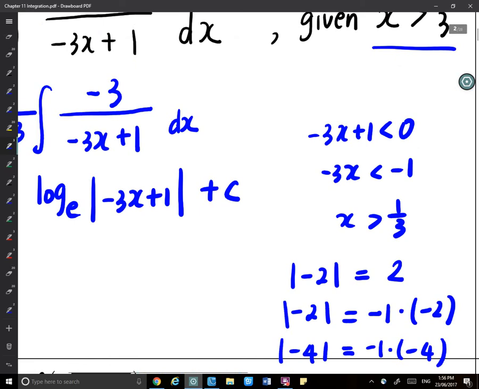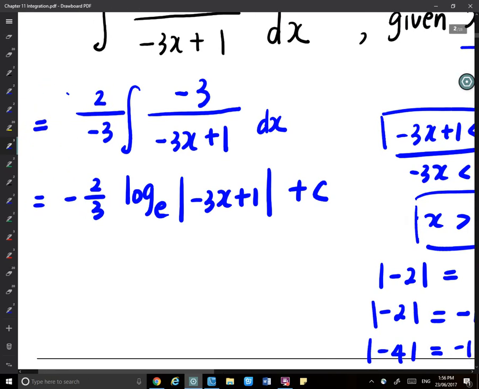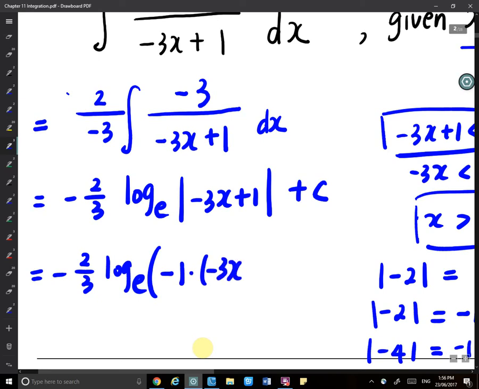So now what you know is that when x is greater than a third, the inside value is smaller than 0. And now I want to get out of this modulus sign. What I will do is multiply this number by -1.